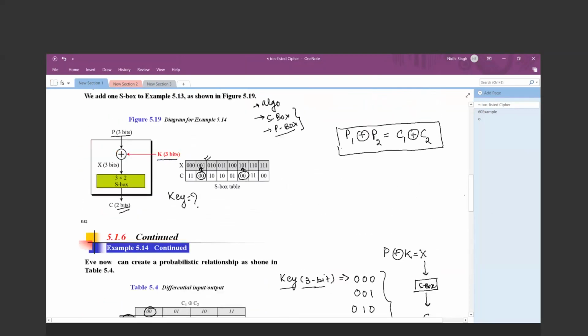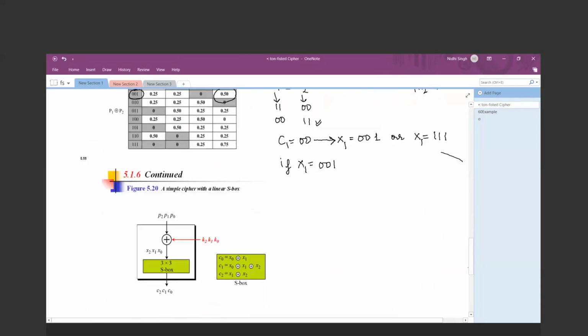So see from the diagram what the relationship was. The relationship was that x comes when we perform the XOR between the plaintext value and the key value, right? And from this relationship we can say that key is made up of x value XOR with p value. The same relation I have to use in order to find out the key. So x1 equal to p1 XOR k. So k1 equal to x1 XOR p1.